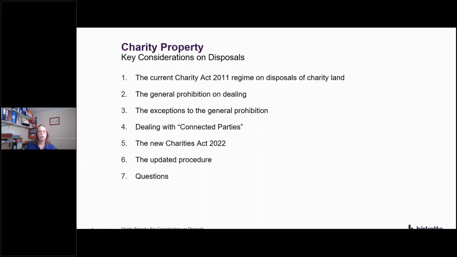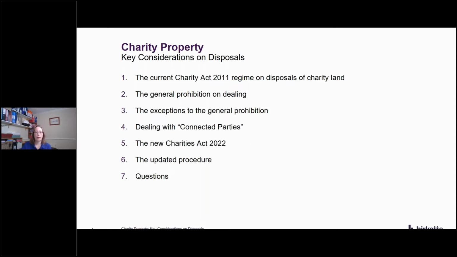So what we're going to talk to you about today is the general regime on disposals of charity land in the current Act. And we will talk to you about the general prohibition, that is the default position. We'll talk to you about the exceptions to that general prohibition, focusing mainly on your surveyor's reports, which many of you will be familiar with.